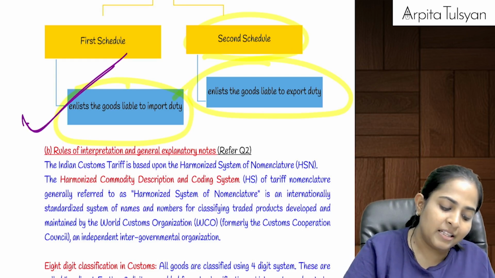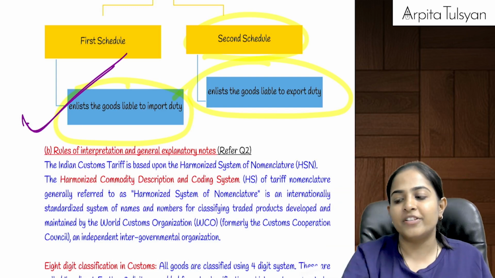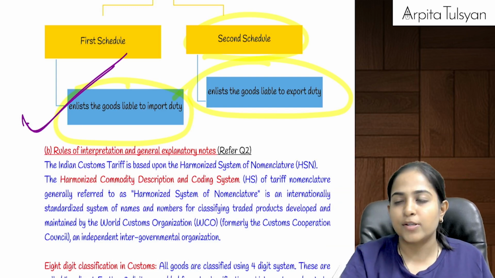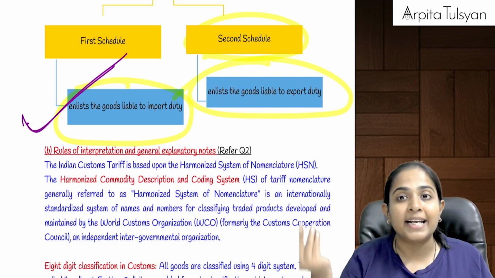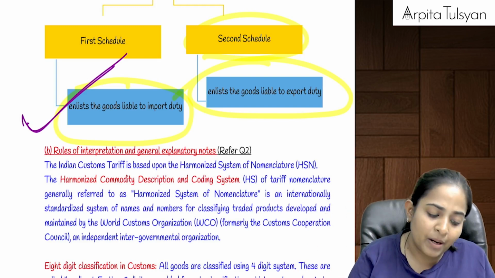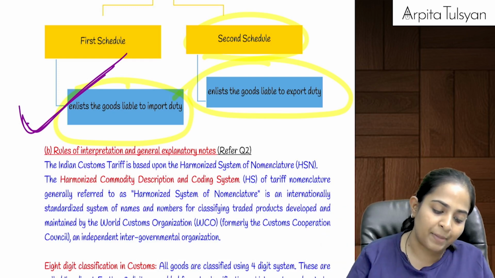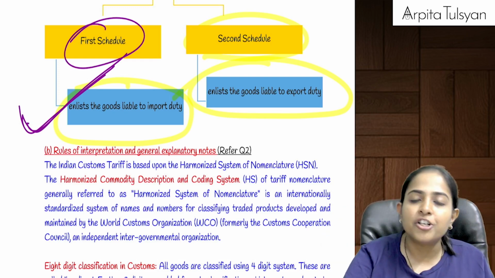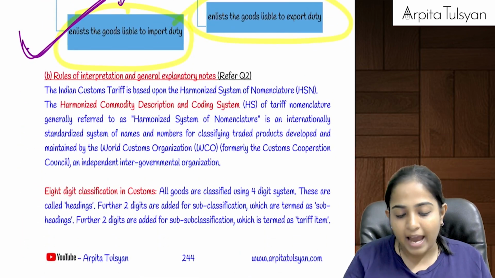In India there are very few items on which export duty is applicable, because we want to promote exports, we don't want to export taxes to other countries. But on almost all goods the import duty is applicable, and that is given in the first schedule to the Customs Tariff Act.